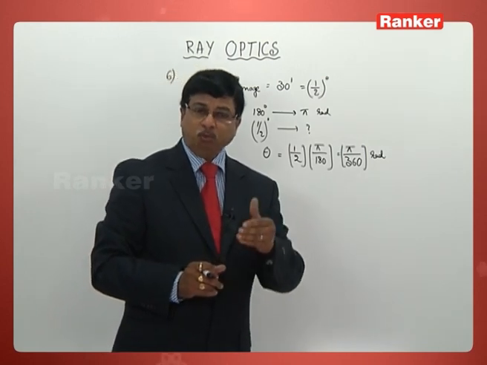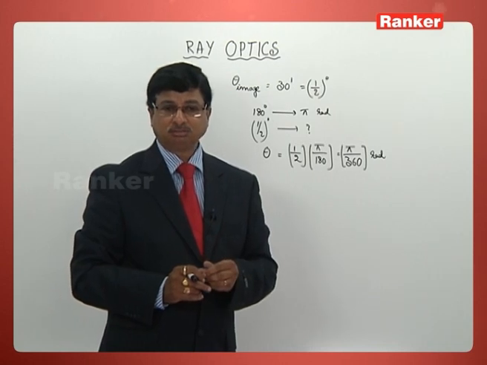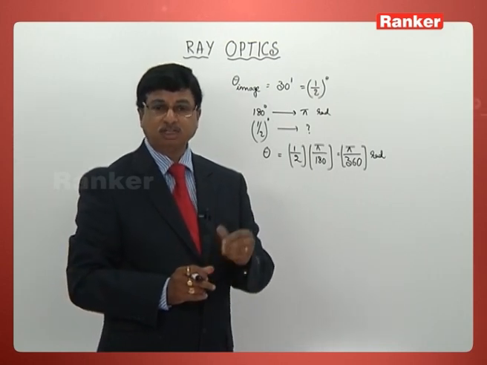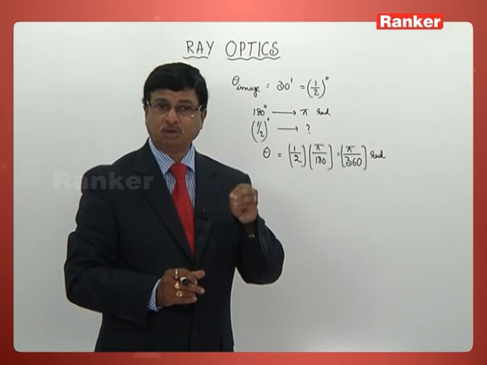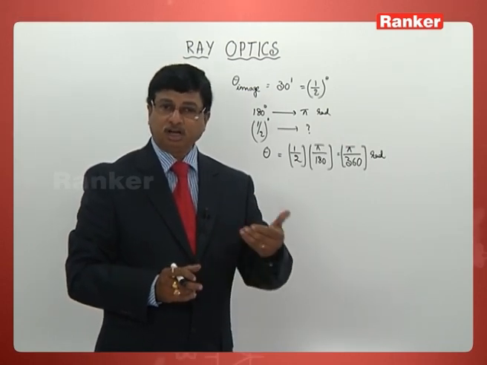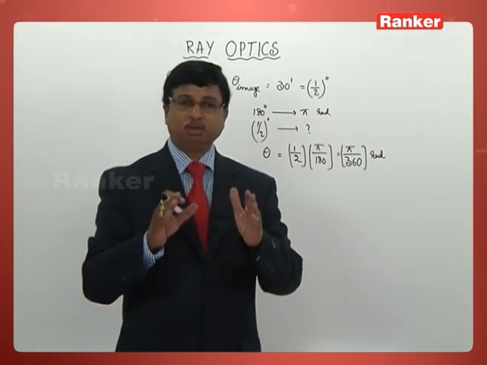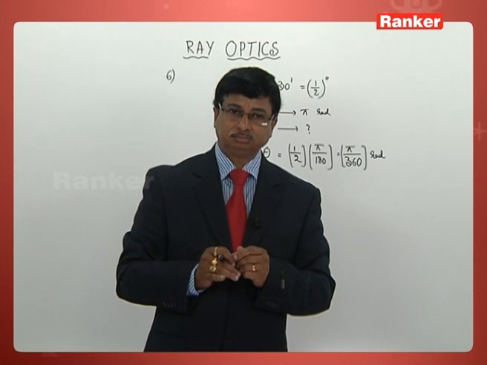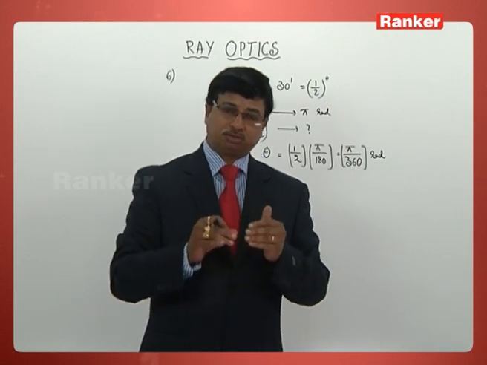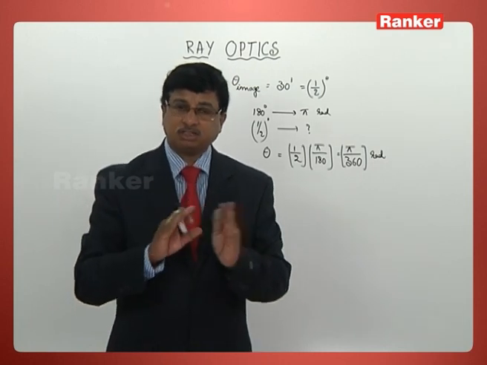What is the thing he is asking? What is the diameter of the image of the solar disk? What we can understand in this particular case is that magnification is generally v by u, taken as the size of the image by the size of the object.